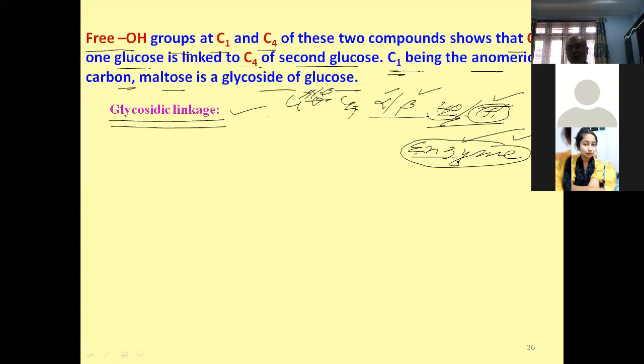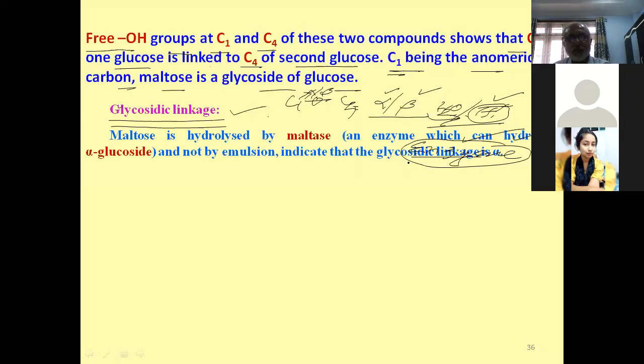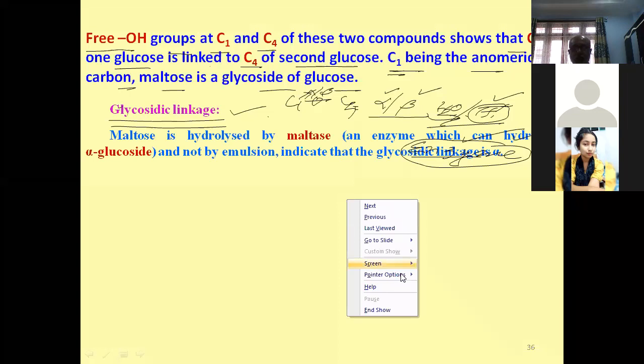If maltose gives the two glucose units after hydrolysis, then it is this one. So it is the enzyme only which can give you the result. We cannot do it by any other chemical method, so we have to depend on this biological method.